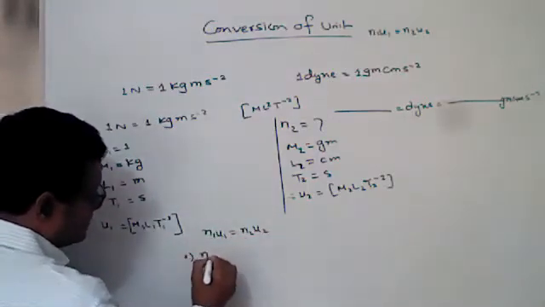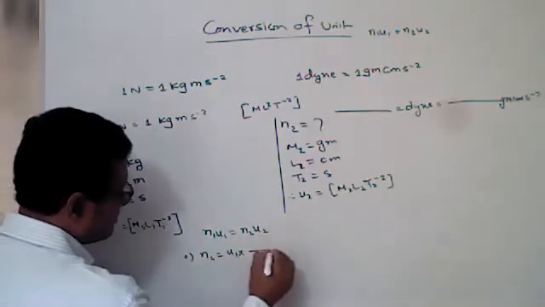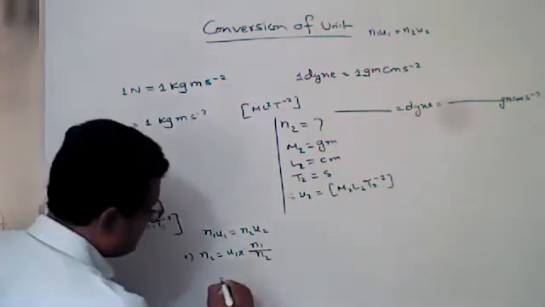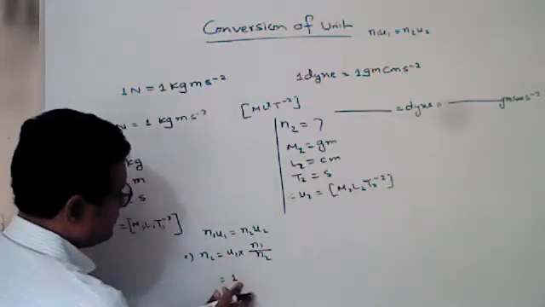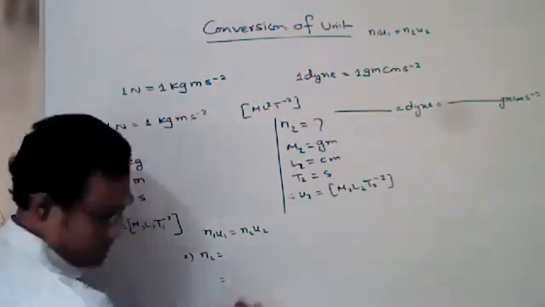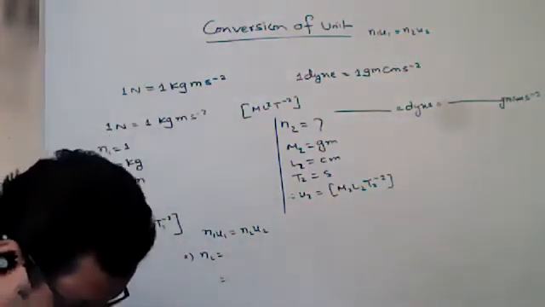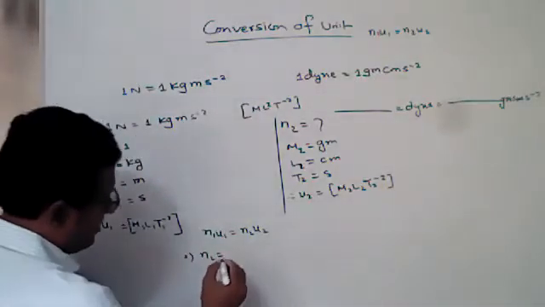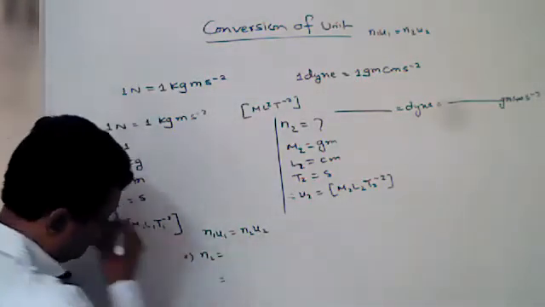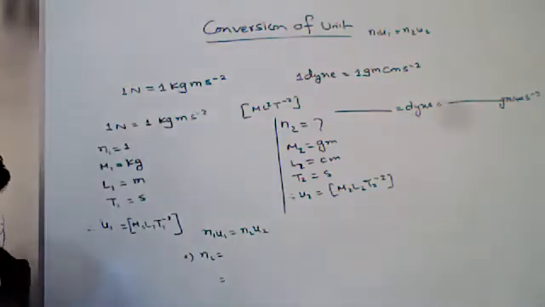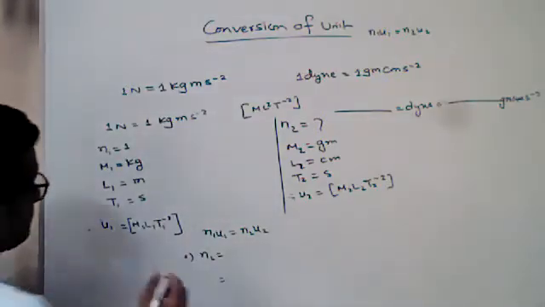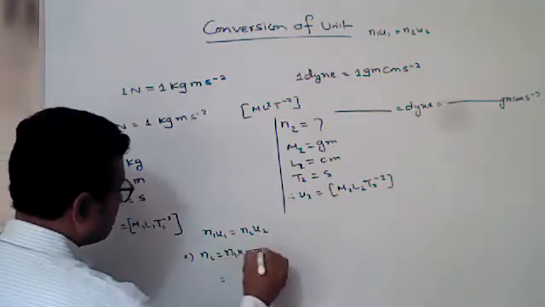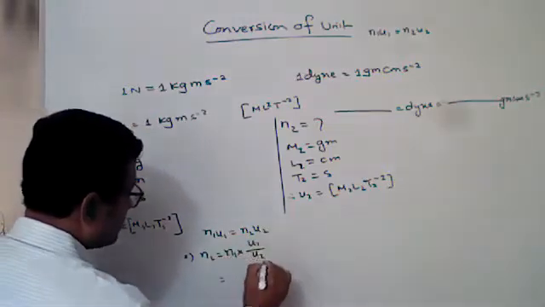So N2 equals N1 into U1 by U2. The U1 value is 1.